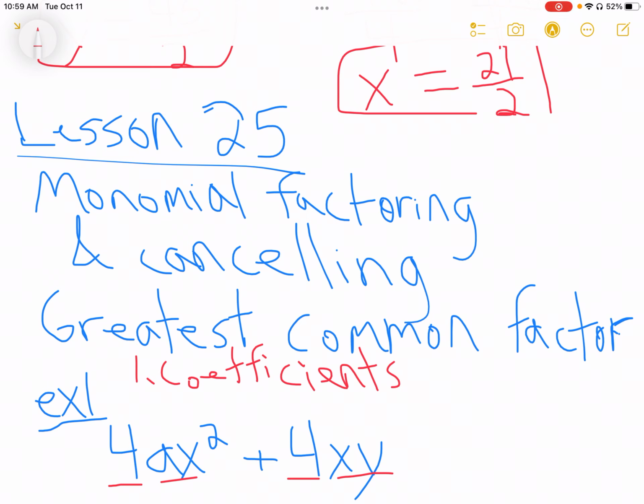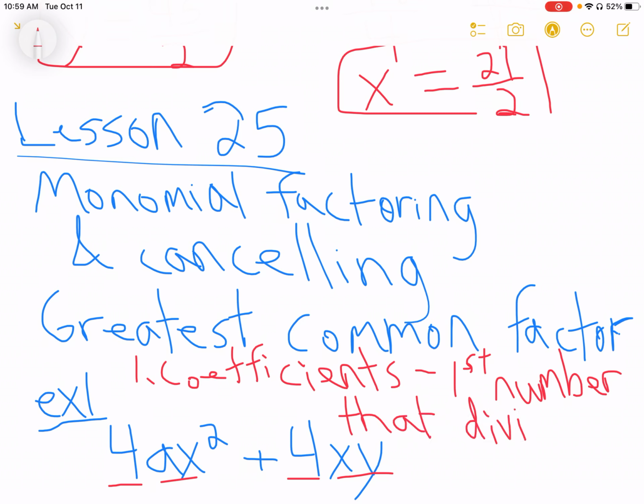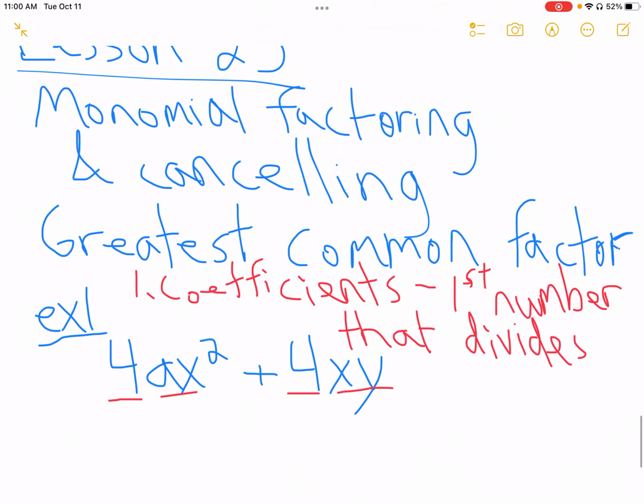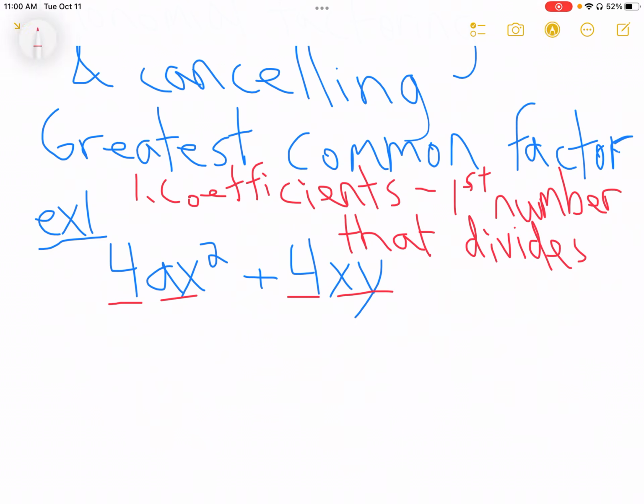So this is the first number that divides evenly into the coefficients.